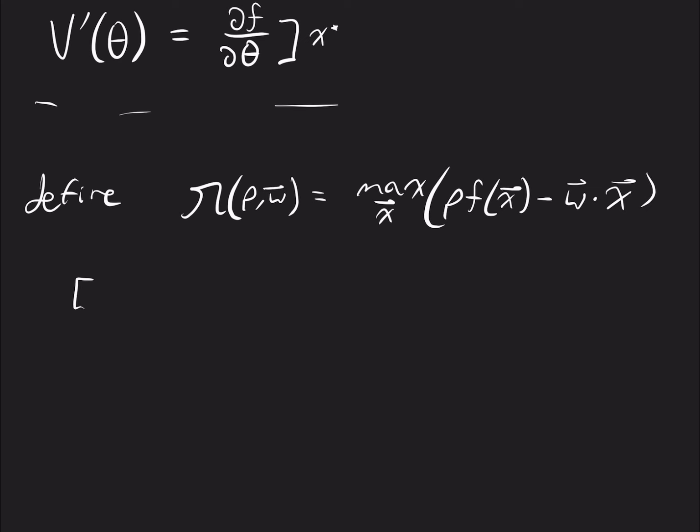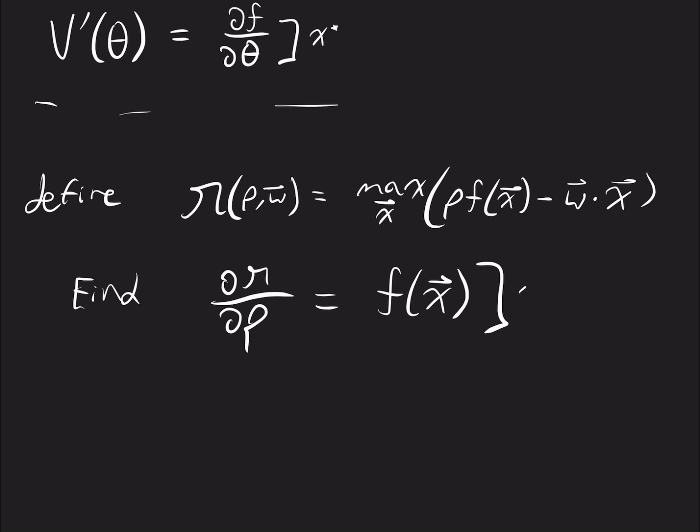And if we want to find the partial derivative of pi, profit, with respect to p, the envelope theorem tells us we can just differentiate the objective function with respect to p. And so we get just f of x evaluated at the optimal x. So just that function here evaluated at whatever our optimal x turns out to be. And you can solve that pretty simply with first order conditions. That's just one application of how you would answer this question using the shortcut.